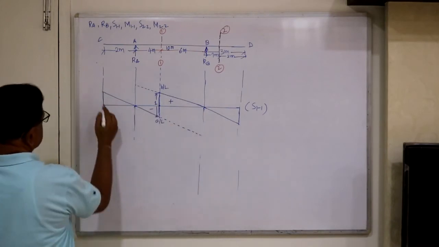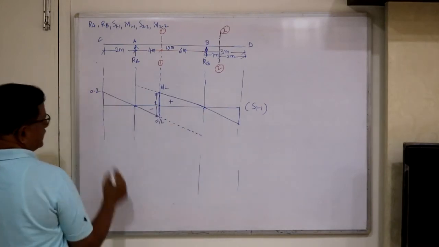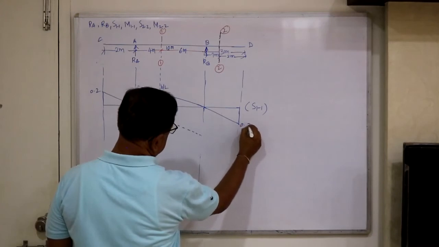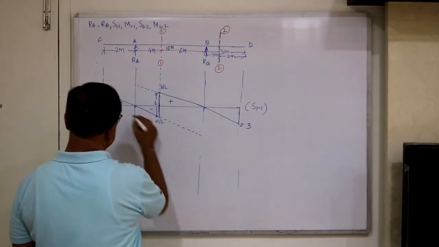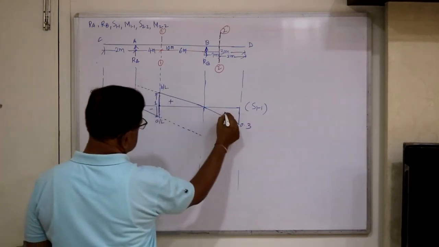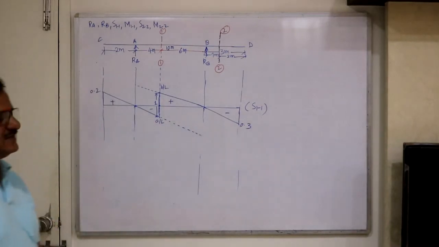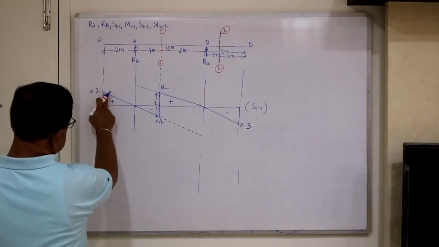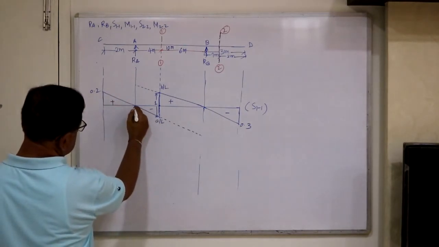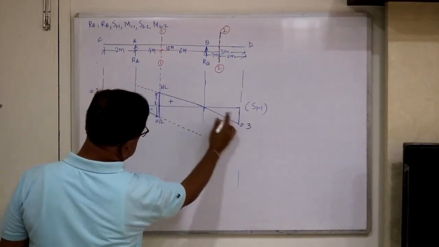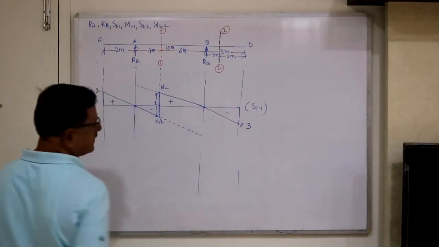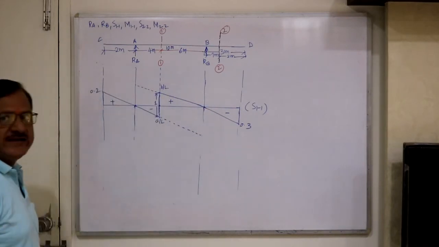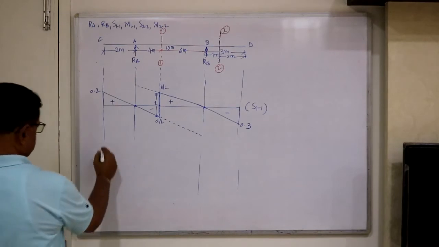This divided by 10, so this is 0.2. And naturally you will get 0.3. So this is plus, minus, plus, and this is minus. So this is ILD for shear force. Say, this should remain straight with deflection 0 here. This should remain straight with deflection 0 here. And we allow shearing unit according to Müller-Breslau principle.